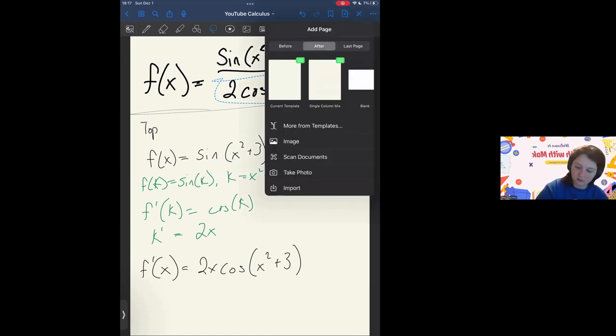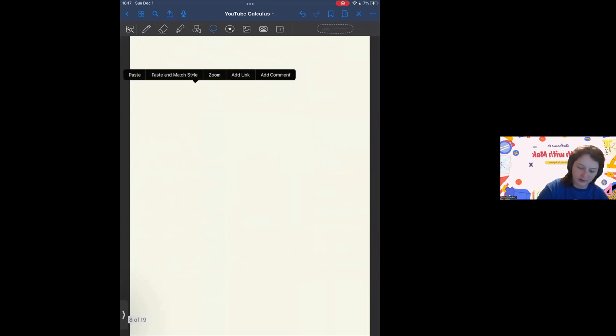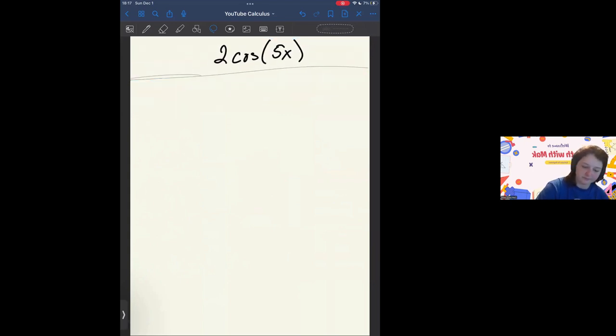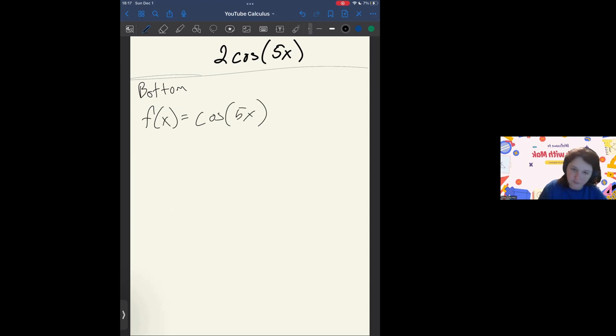So now let's look at the bottom, and let's look just at the bottom. We have that same issue, right? So we have f of x equals cosine of 5x, and now we can set up so that f of k equals cosine of k, where k equals 5x.